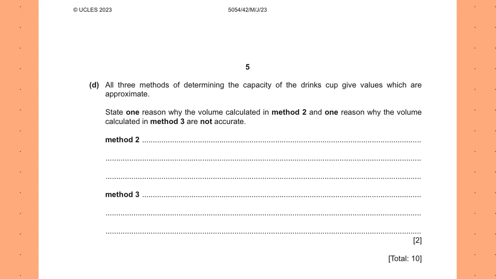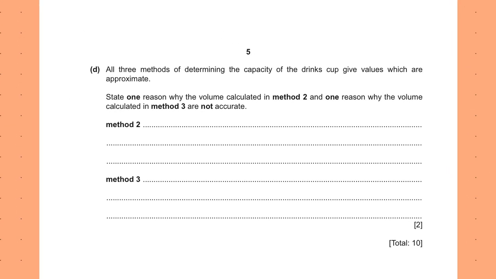Next part, all 3 methods of determining the capacity of the drinks cup gave values which are approximate. State one reason why the volume calculated in 2 and one reason why the volume calculated in 3 are not accurate. So for 3, I just saw that it would be pouring the liquid, right? So I can talk about some splashing or some water being spilled, right?